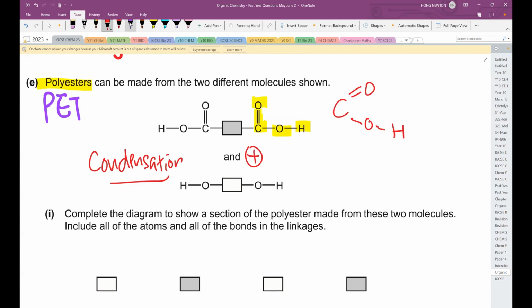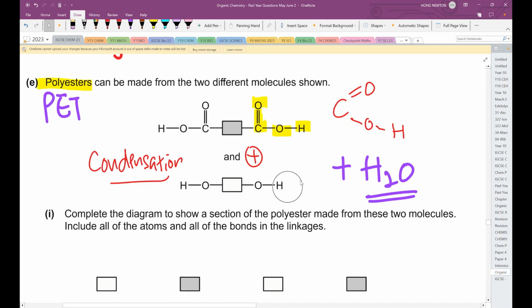We need to get rid of 1 molecule of H2O, because you need to combine the monomers. That means 2 molecules together, so you need to get rid of the H2O.